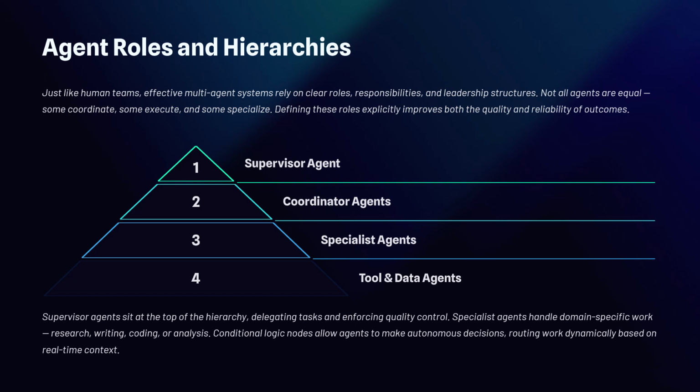Specialist agents focus on specific tasks such as research, writing, coding, or data analysis, using their expertise to solve targeted problems. Tool and data agents connect the system to APIs, databases, and external resources. With conditional logic, agents can even make autonomous decisions, dynamically routing tasks based on real-time information and workflow conditions.